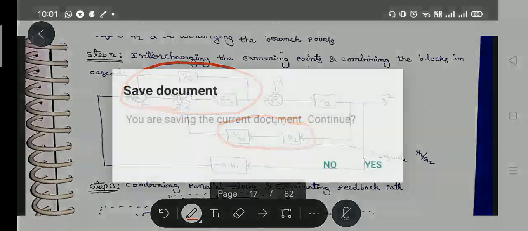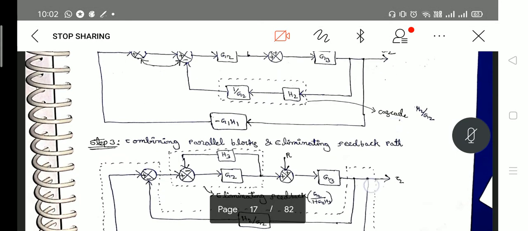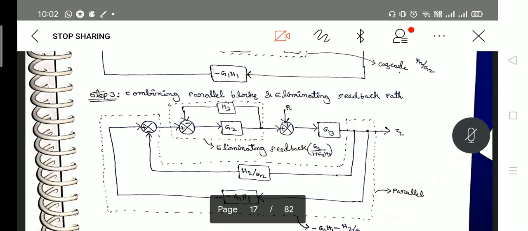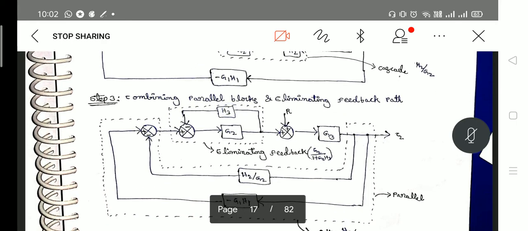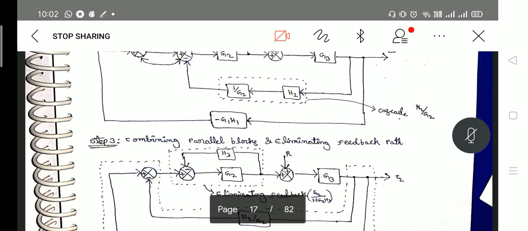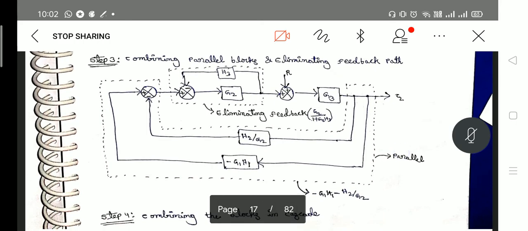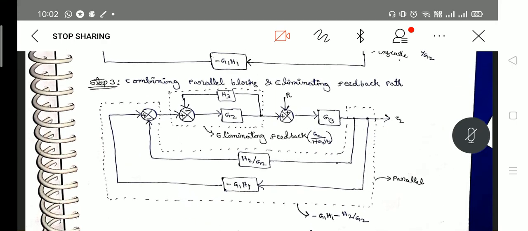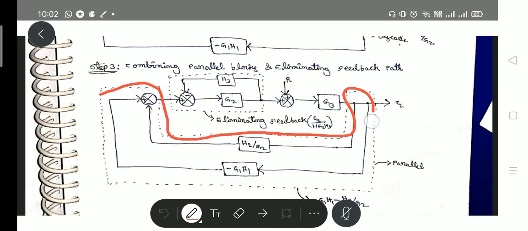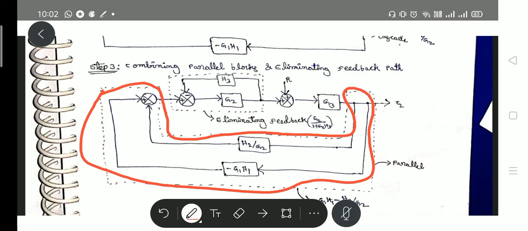Okay, so after that, eliminating this negative feedback loop, G2 H3, we get G2 by 1 plus G2 H3, and here H2 by G2, cascaded connection, no? So these both are in cascaded connection, and these two are in parallel connection, so you can take minus G1 H1 minus H2 by G2, sorry, H2 by G2.